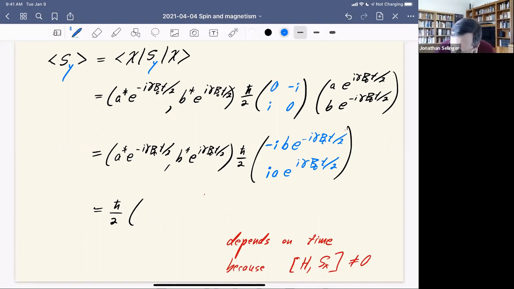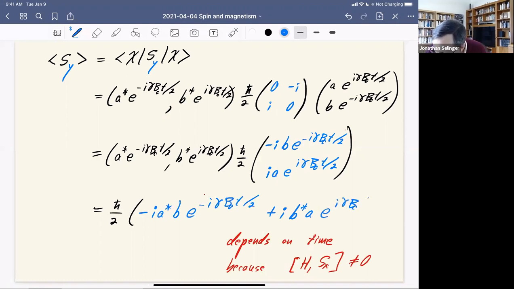And so that gives us negative i A star B e to the minus i gamma B naught t over 2, and then plus i B star A e to the i gamma B naught t.